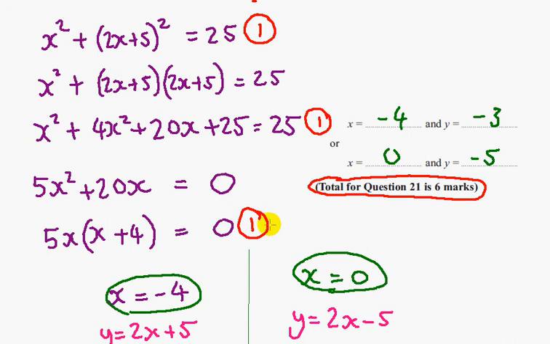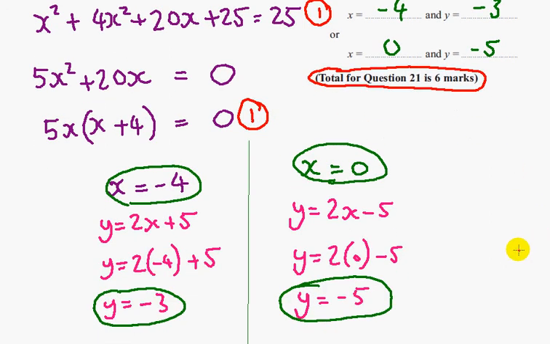The fourth mark for realising that when x is minus 4, then the whole thing is 0, and when x is 0, the whole thing is also 0. So for the 2 x values, or 2 x solutions.